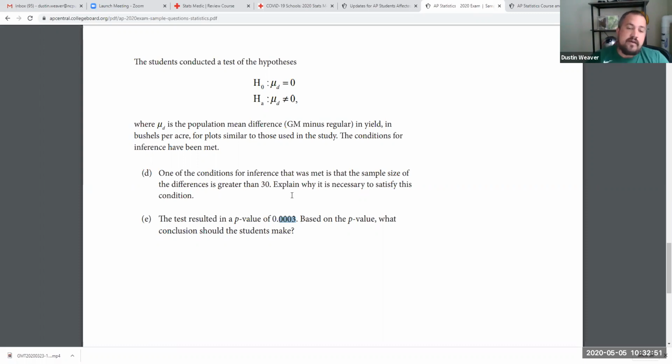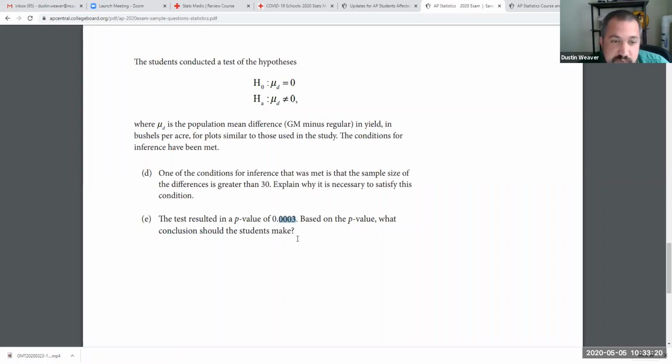So what I'm going to say is, because the p-value of 0.0003 is less than any reasonable significance level, or you could have said less than 0.01, we reject H0.